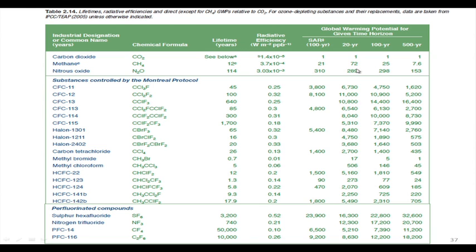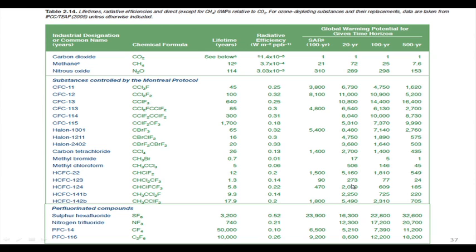If you go for 20 years, methane becomes 72, and for 500 years it becomes 7.6 in terms of the potency as compared to carbon dioxide. And then there are others. As you can see, most of them are much higher, except a few which are lower, and that's how you see that different impacts are coming up. I'm not going into the calculation of each one of these, how these were arrived at.